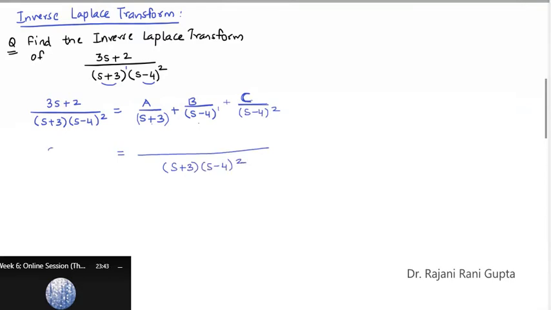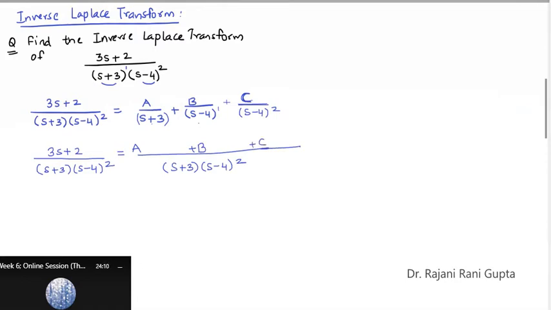It should come from the question, because in the equation we have 3s plus 2 over (s plus 3)(s minus 4) power 2. On the other hand, if we multiply them, it will give you power 3, which is wrong. Okay, so now we will look for the terms to be multiplied with A, B and C.